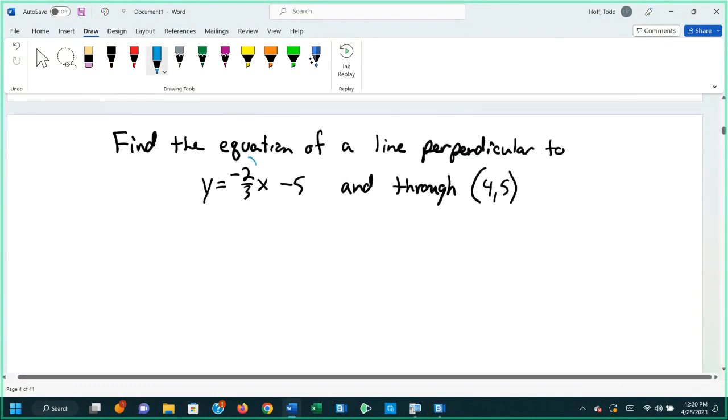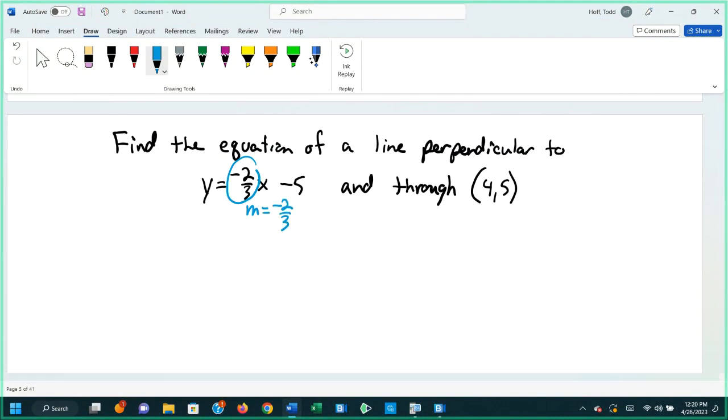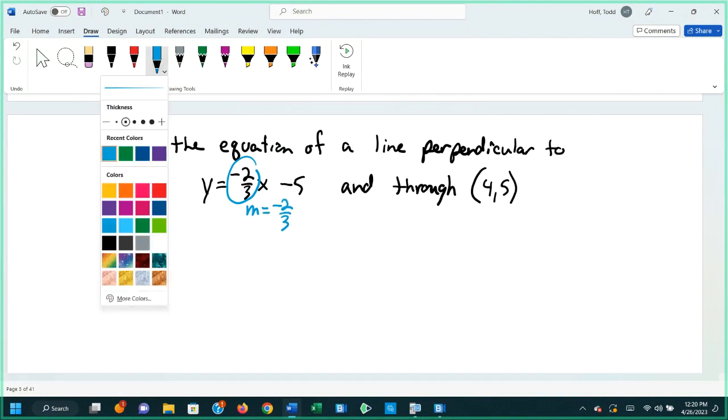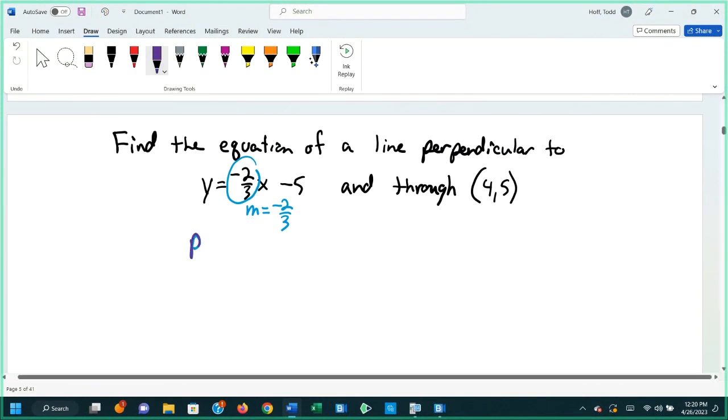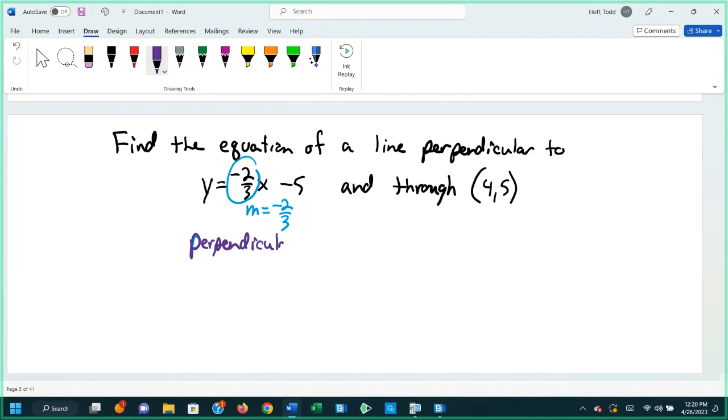Well, all we need from this equation here is the slope. That slope is negative 2/3. The perpendicular slope is the opposite reciprocal. So a positive 3/2. So the negative became a positive, that's the opposite part. Then we flip the 3 and the 2 to make it, instead of 2/3, it's 3/2. So that is our perpendicular slope.